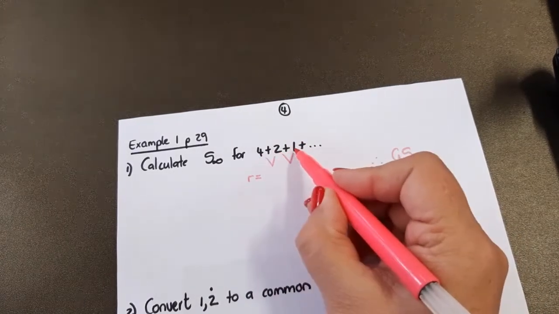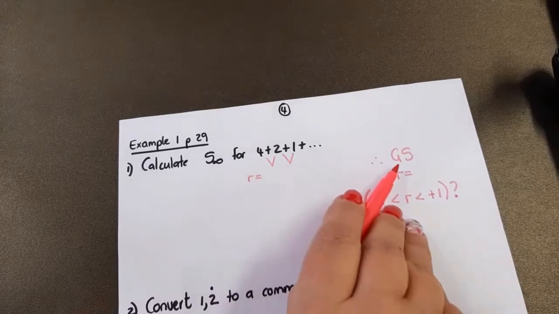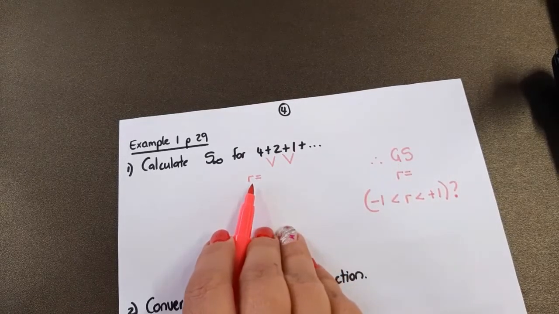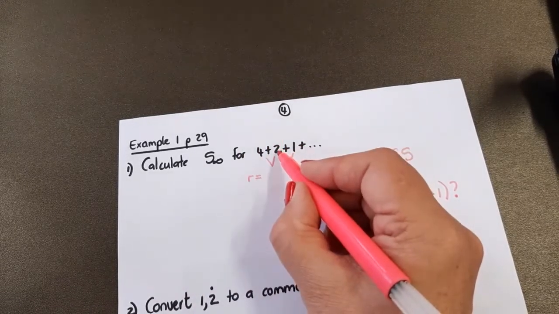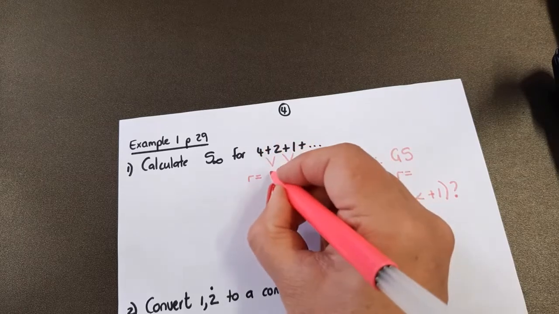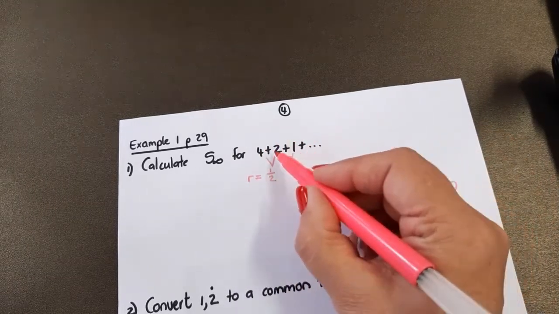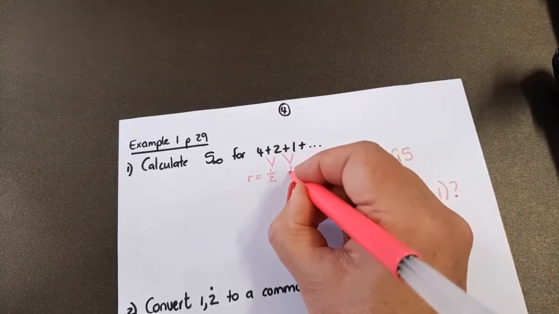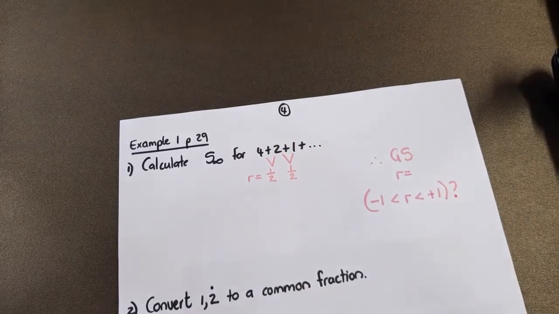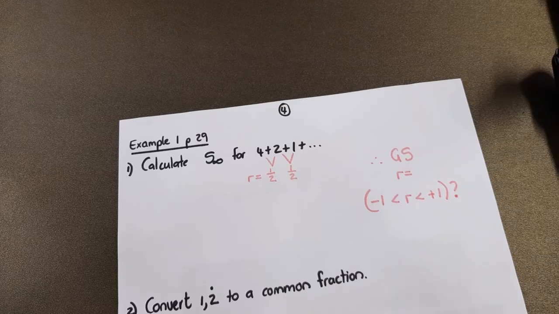In this case, it's a geometrical series and we need to work out r. R will be 2 divided by 4, and that will give us a half. 1 divided by 2 will also give you a half. So r is definitely a half.